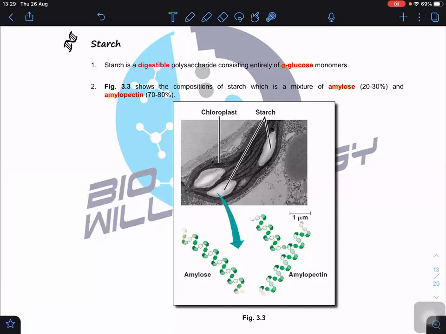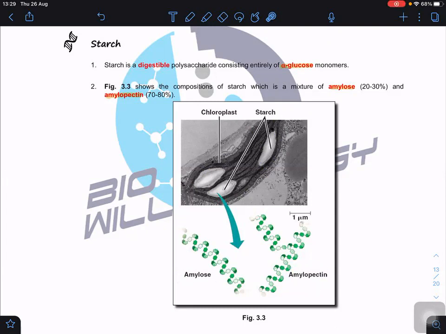If we look at the percentage, amylose is roughly about 20 to 30%, but amylopectin is about 70 to 80%. So they are a mixture. If you look at the structure, you can find the starch in a starch granule inside the chloroplast. Can you see that? The starch granule inside the chloroplast.